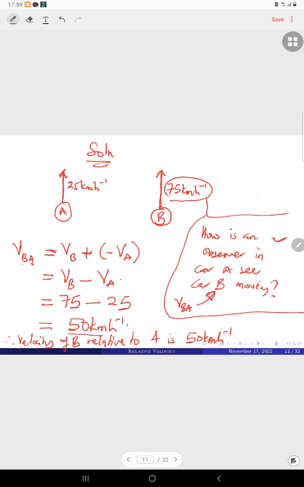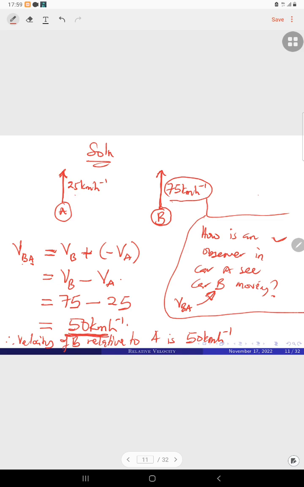So what has happened to the speed? Originally it was moving with 75, but relative to A, B is seen moving with this reduced velocity.